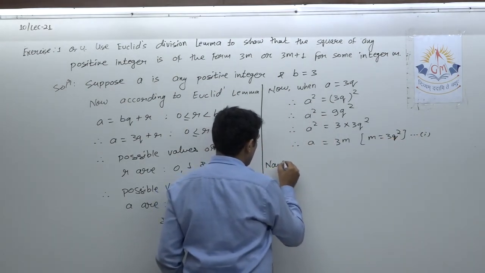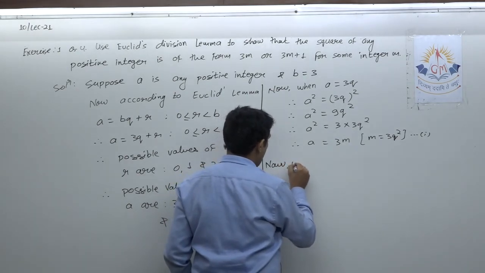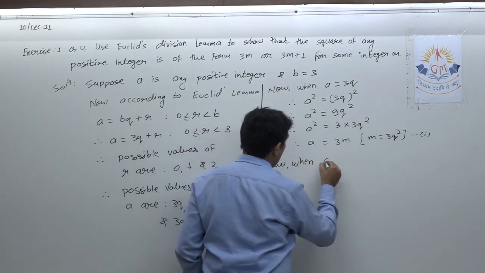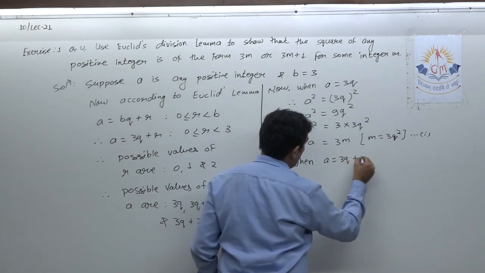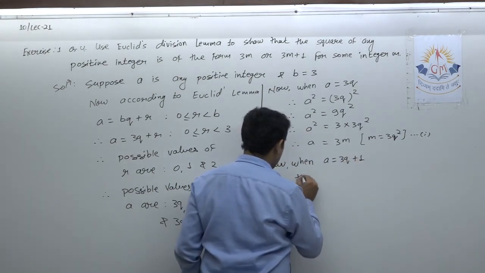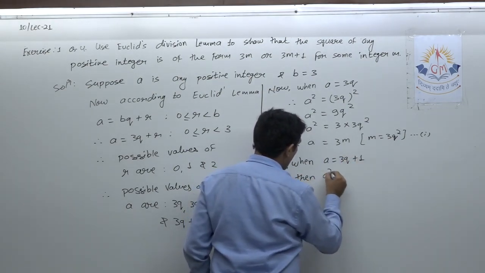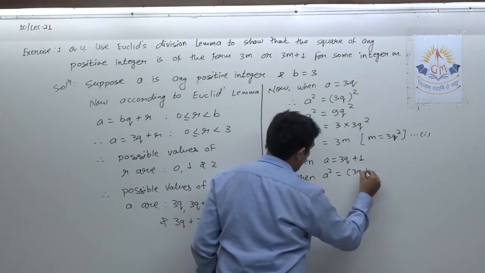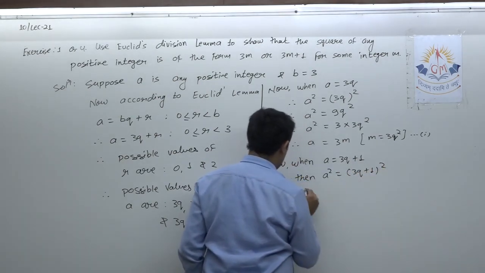Now when a is equal to 3q plus 1, then a square is equal to 3q plus 1 whole square.